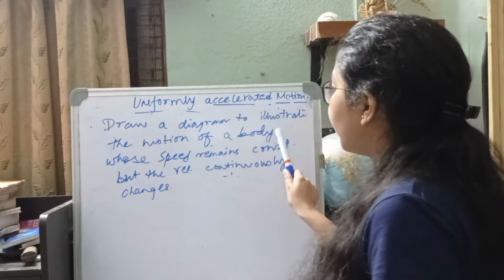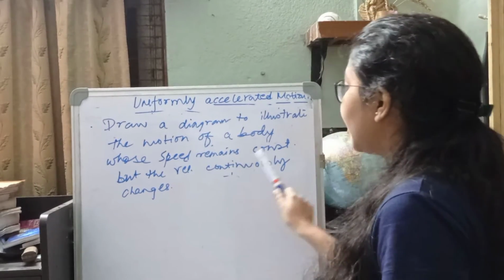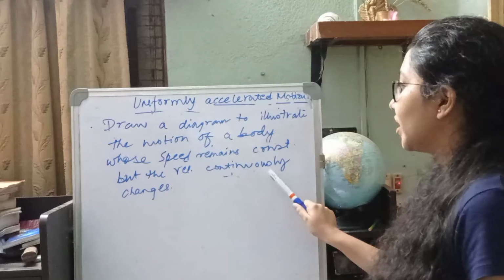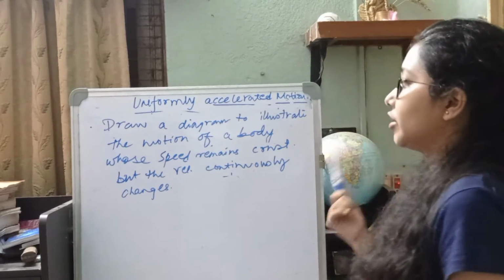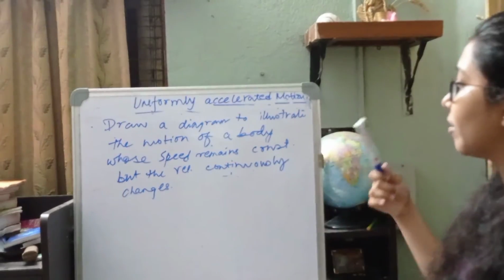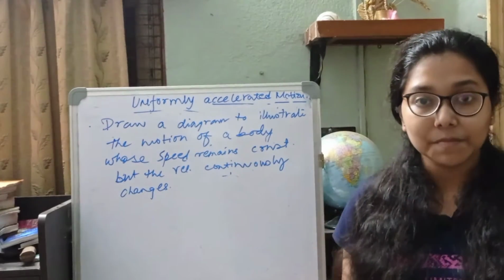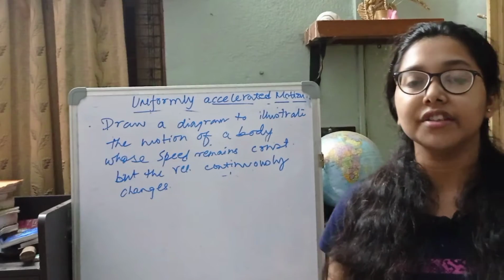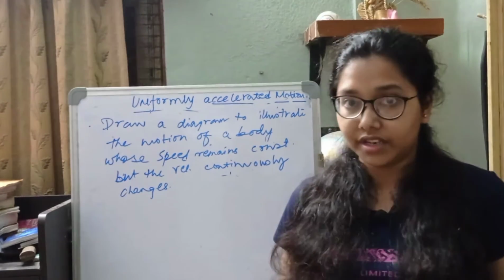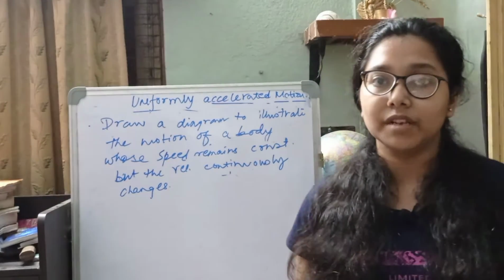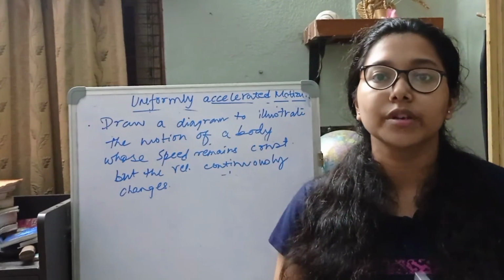As you can see, I have already noted down one question which says: draw a diagram to illustrate the motion of a body whose speed remains constant but the velocity continuously changes. So the given thing is the speed will remain constant but the velocity continuously changes. This means that the direction is changing, speed remaining constant, and that is only possible in case of a uniform circular motion.